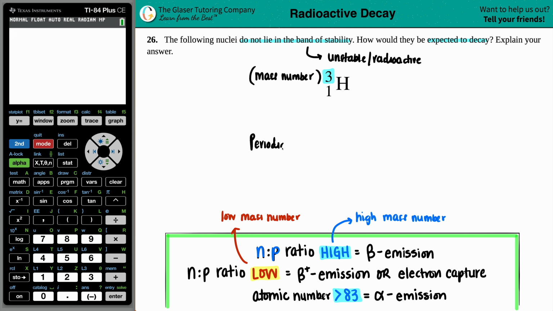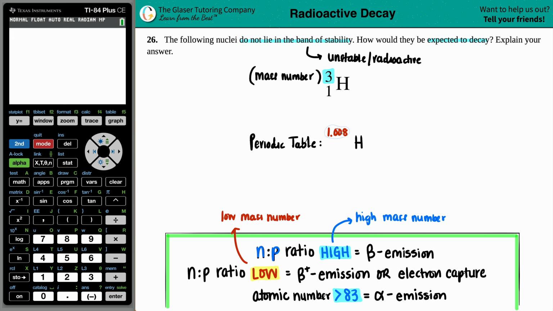Now, on the periodic table, they give you basically the average atomic masses, right? And for hydrogen, they're going to give you the average, which means that they take all of the nuclides on Earth, crunch them all together, and they give you out an average value. The average atomic mass on my periodic table is 1.008.